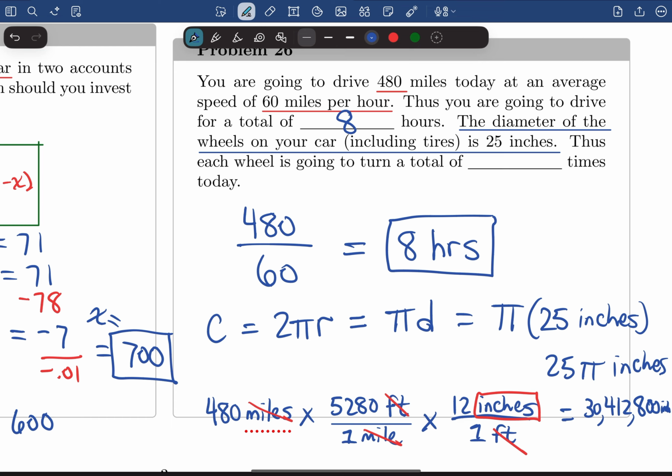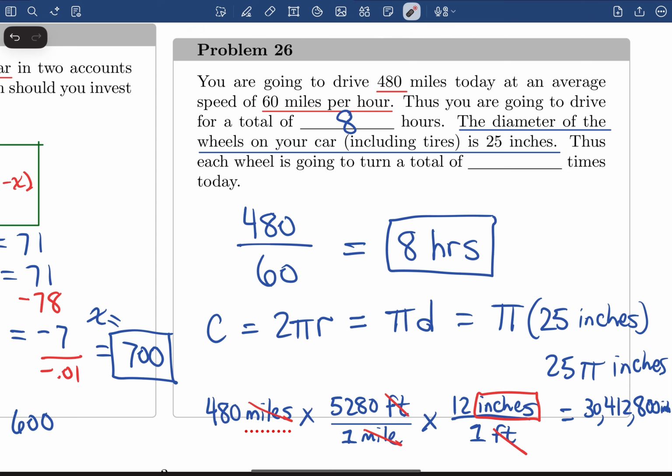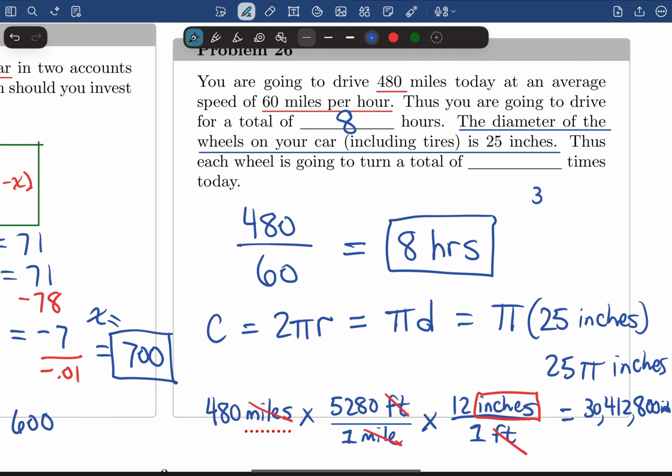30,412,800 inches. Now, to find out how many times my wheel is going to turn, right? Each wheel is going to turn a total of how many times? All I need to do is take the total distance in inches and divide by the circumference of my wheel. Okay, so my final answer will be 30,412,800 divided by 25 pi, the circumference of my wheel.